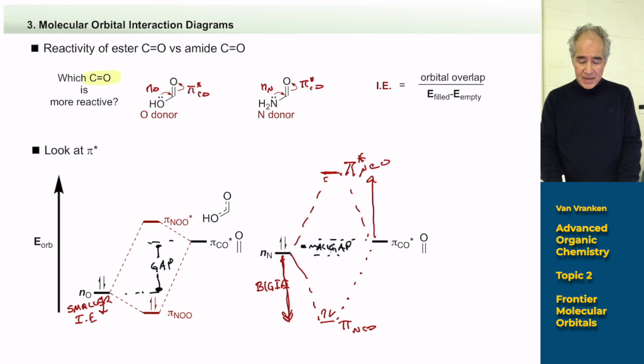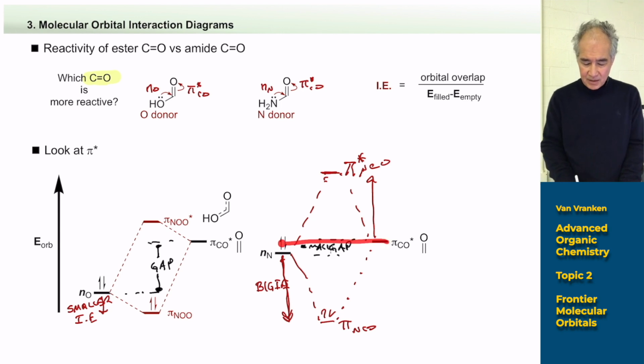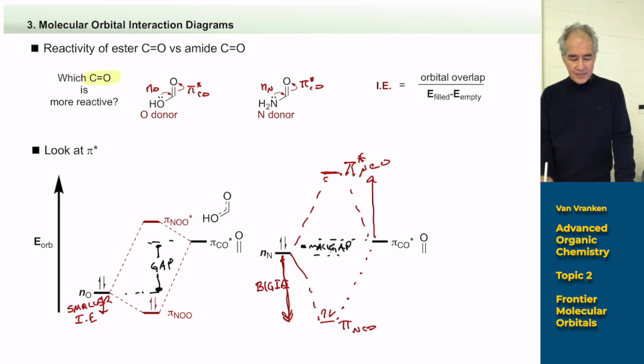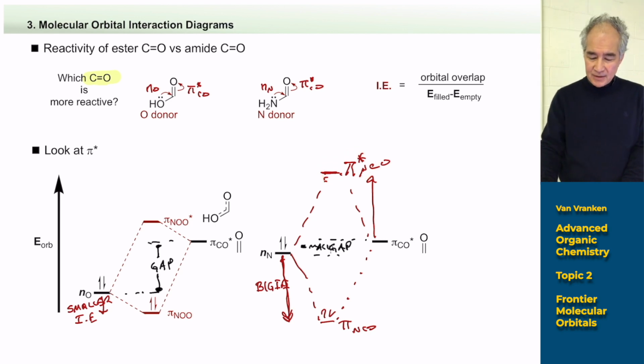And you can see immediately, right, because I started at the same level here with my same pi star, the nitrogen will create a new orbital that's harder to add to. The answer to this question is that it is easier to add to the ester, and it is harder to add to the amide. It's harder to add to this higher energy orbital.